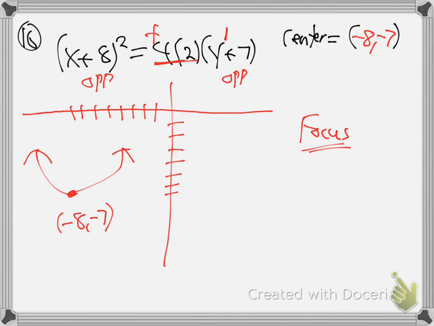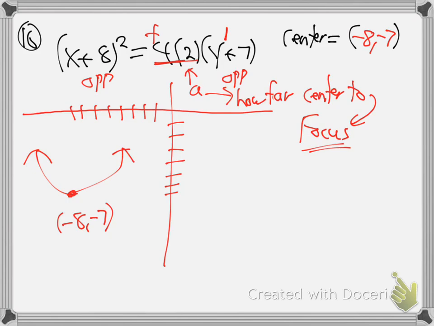So, where's the focus? How far from the center to the focus? That's that right there. That's the A. Is everybody understanding what A represents? A is how far, it says 4, how far center to focus.